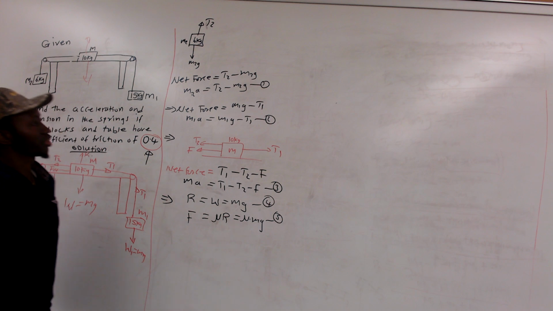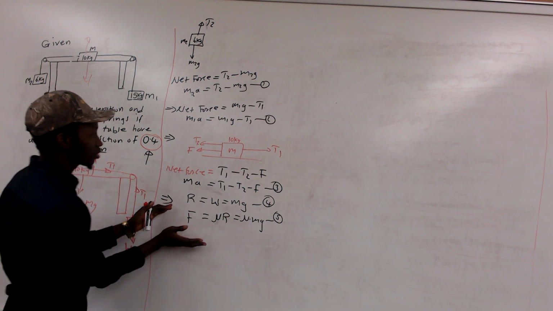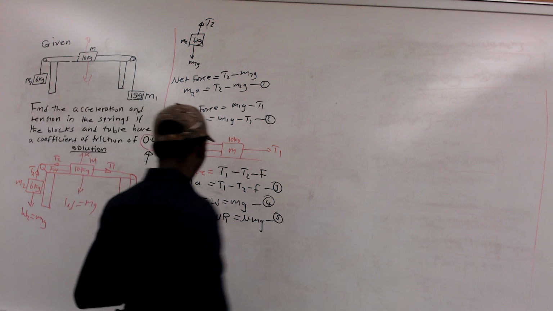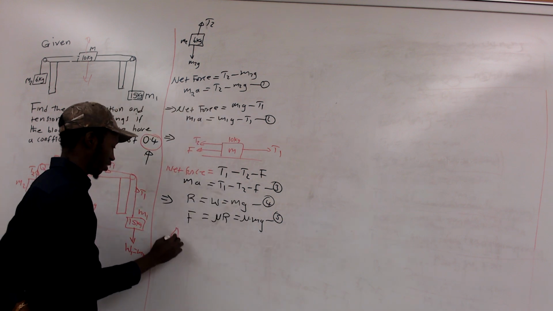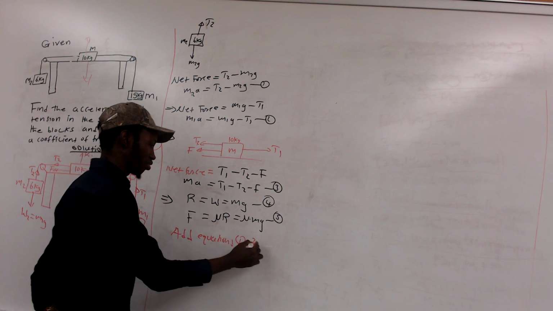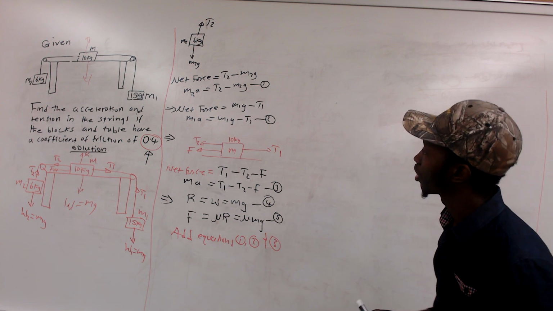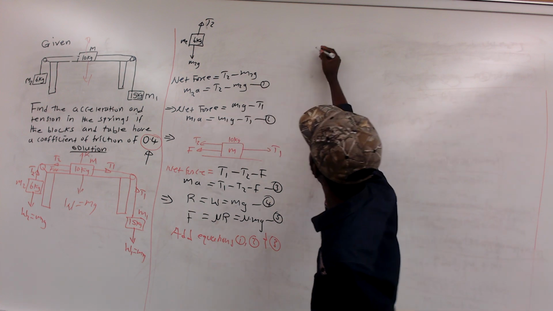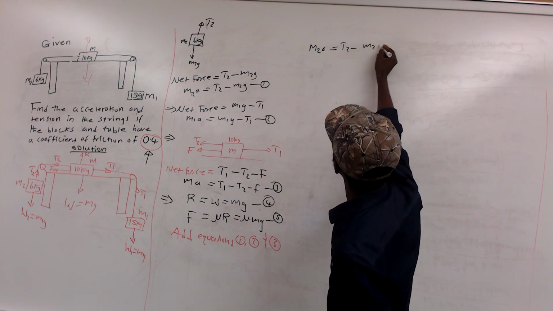So I think we can use these equations now to calculate the tensions T1 and T2, as well as A. Having these values, we can consider the equations. Let's say we add equations 1, 2, and 3. Equation 1 is M2A equals T2 minus M2G.